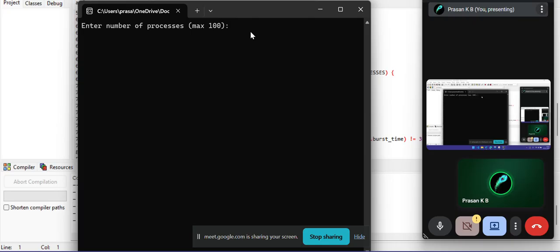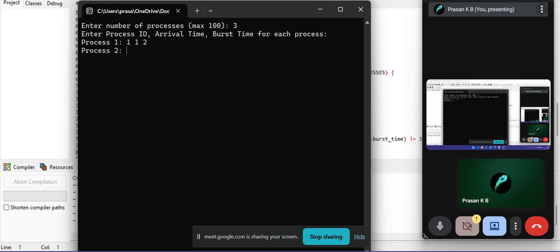We will add 3 processes here. We have to add a process ID, arrival time, and burst time for each process. We will add process ID as 1, arrival time 1, and the burst time we will add as 2.